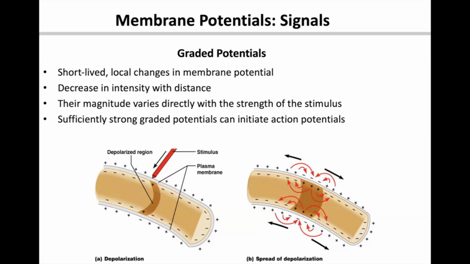So some things to remember or recap is, whenever there is a stimulus, if the stimulus is not large enough, it will cause changes in the membrane potential. This membrane potential change is very local. It does not happen a lot.